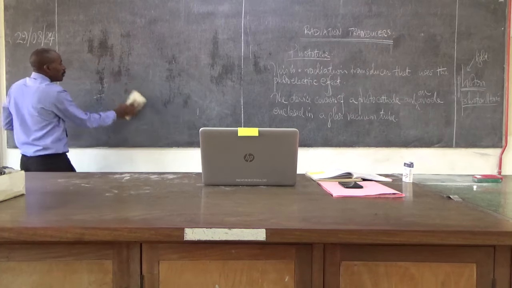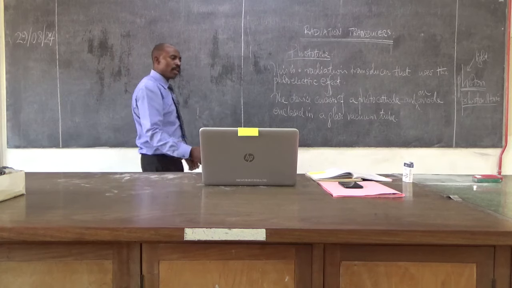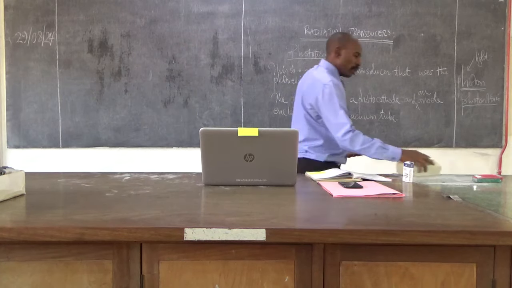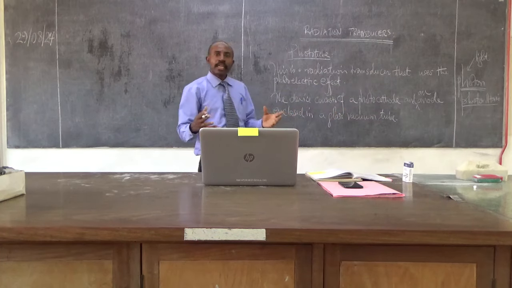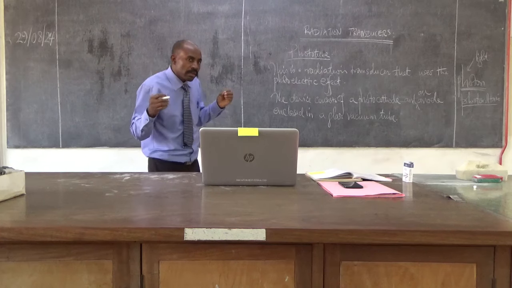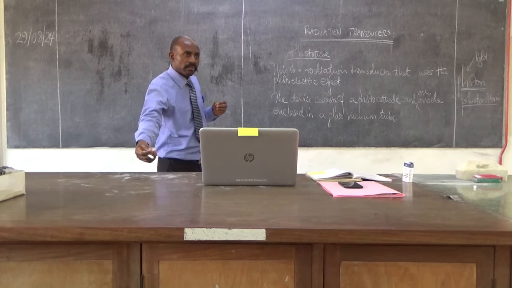And why am I making a sensor? That's what I want you to understand: if you want to make an instrument, a gadget that senses something, you have to first think, what do I want to detect?